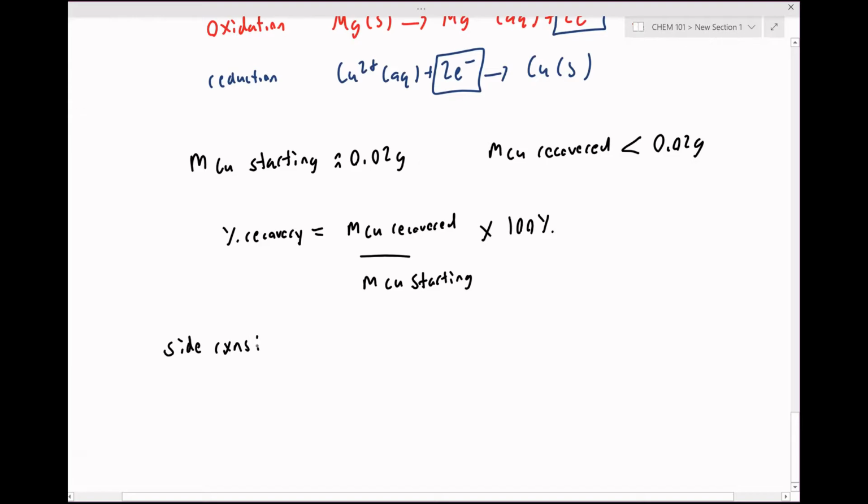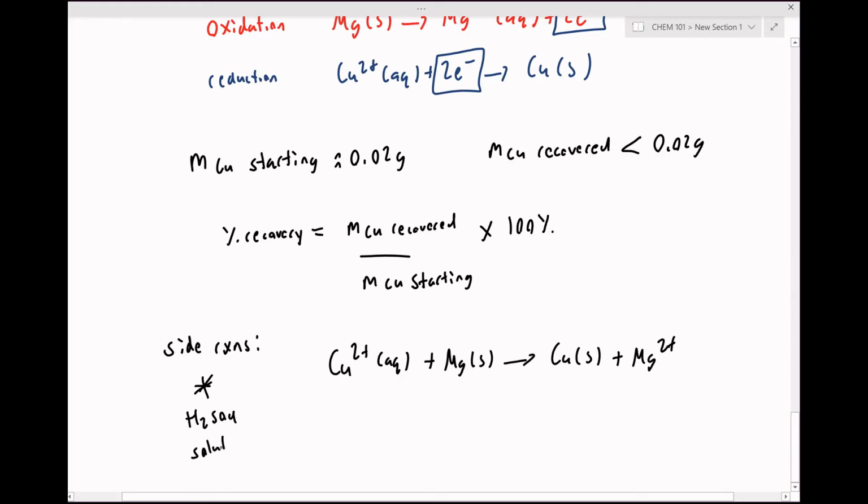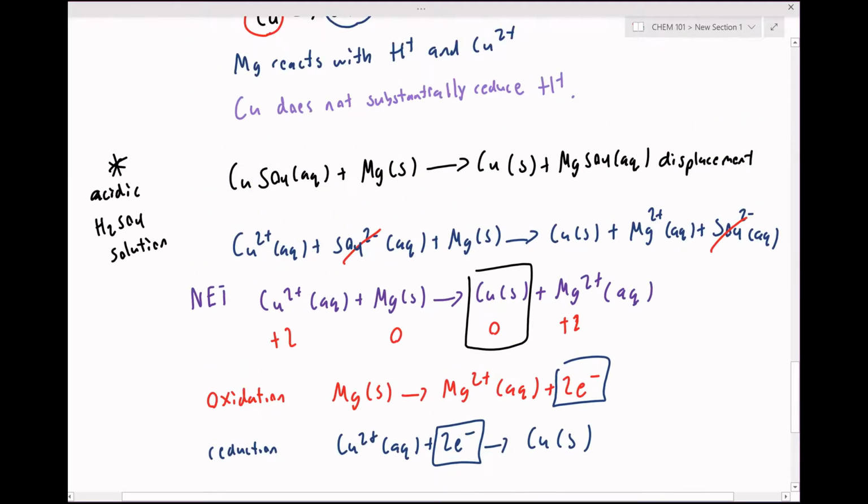So when we attempt to isolate copper, so we have our copper 2+ aqueous, we're attempting to reduce our copper 2+ with magnesium to generate copper solid and magnesium 2+. Remember I had this big asterisk saying that we have some sulfuric acid in solution? Well, this is a little bit important, and this is a hint for one of your lab questions.